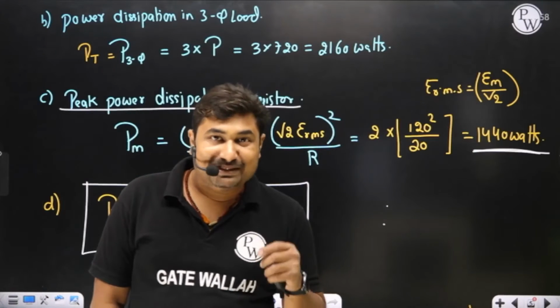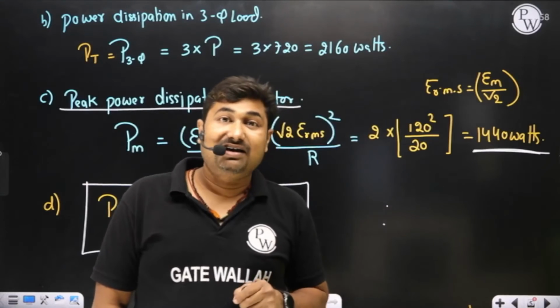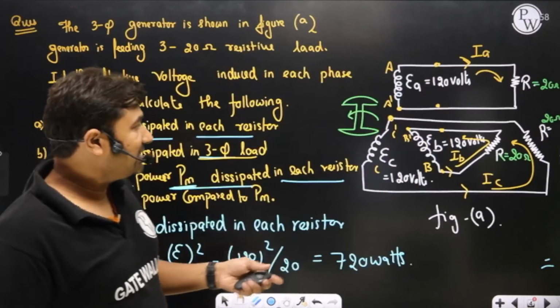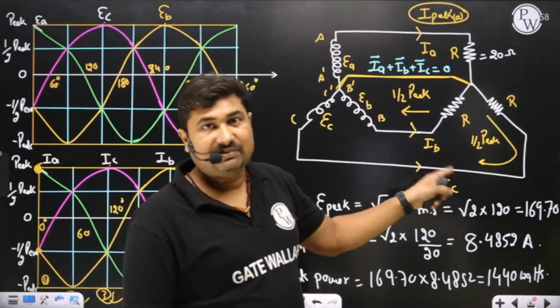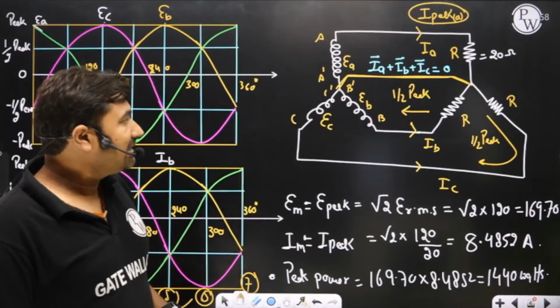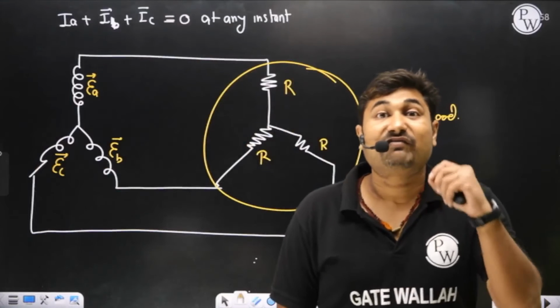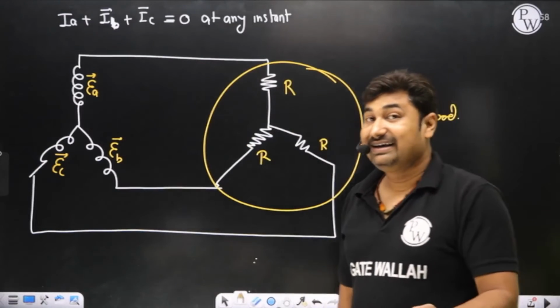With the same rating 3-phase 4-wire, as in the case of a 2-phase, we are capable of delivering 1.5 times the peak power of a single phase.